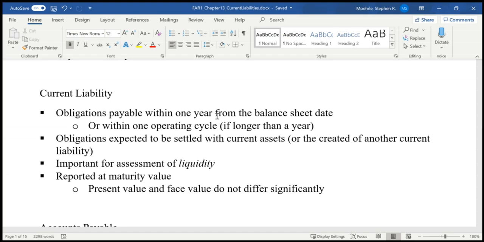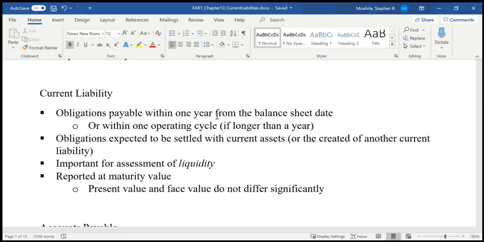Those might be paying the bills with profits from next year's operations, or maybe drawing on a bank line of credit where the bank will lend short term for them to meet these liabilities until the cash comes in. Now, current liabilities are reported at maturity value, that is, at the present value or the face value, if that is at the face value of the amount.